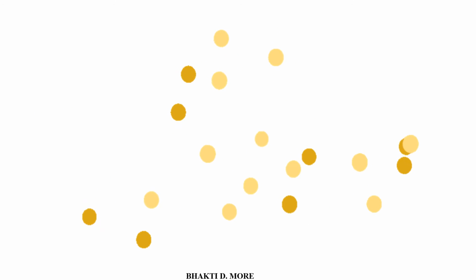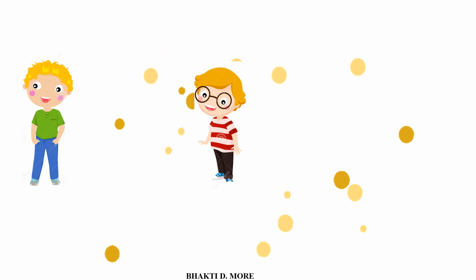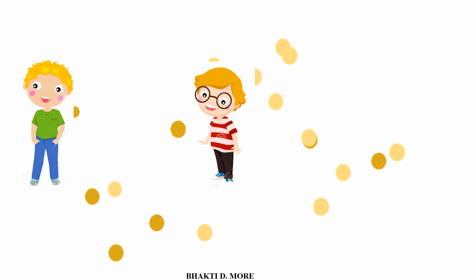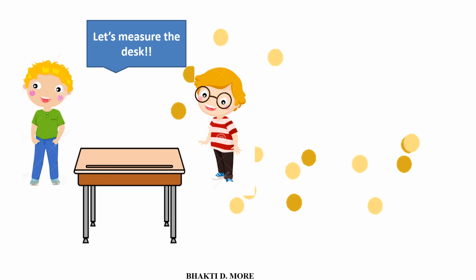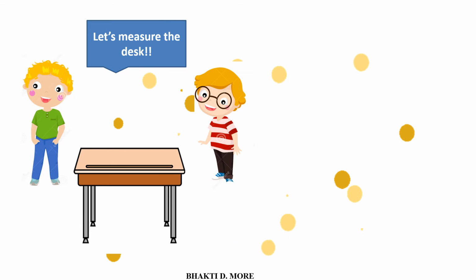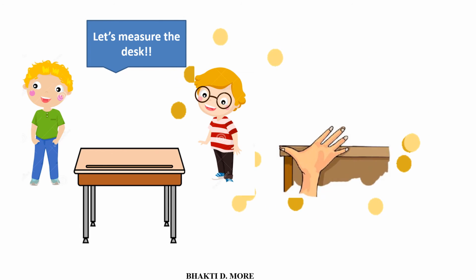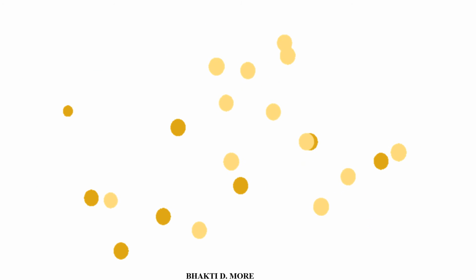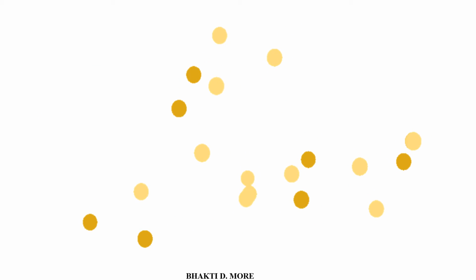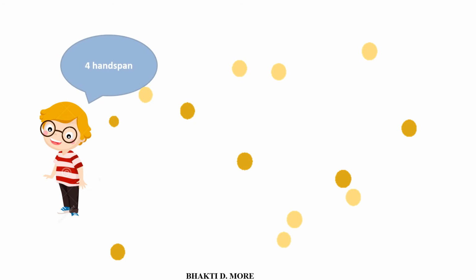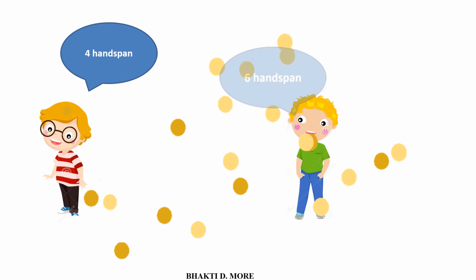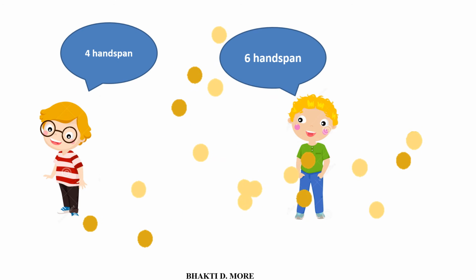Now let's meet our two friends, Robin and Nick. They are quite interested in measuring a desk. So they use the previous method of the handspan technique. Now let's check out the measurement. It's 4 handspans and 6 handspans.